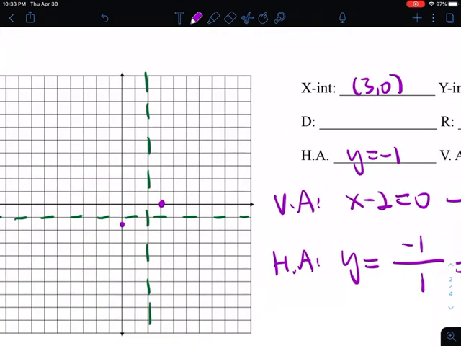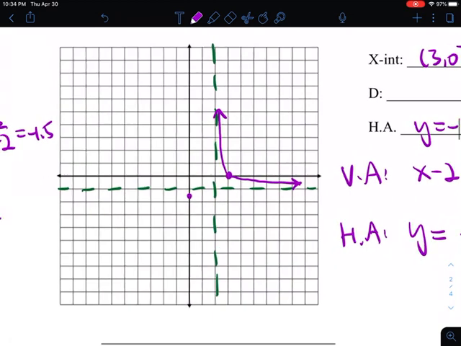Okay, and now let's go ahead and finish the rest of our graph. Because we have a point right up here, that's our x-intercept, we know my graph will have to go towards the asymptote over here, as well as up here. Simple as that. And then same thing over here. I have a point on this side also, so I'm going to have to have the graph going this way towards the asymptote, and then also going down this way towards the asymptote.